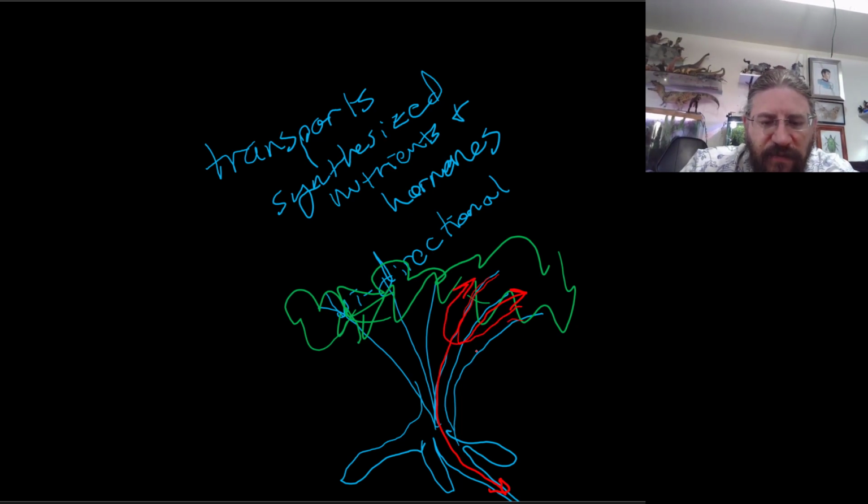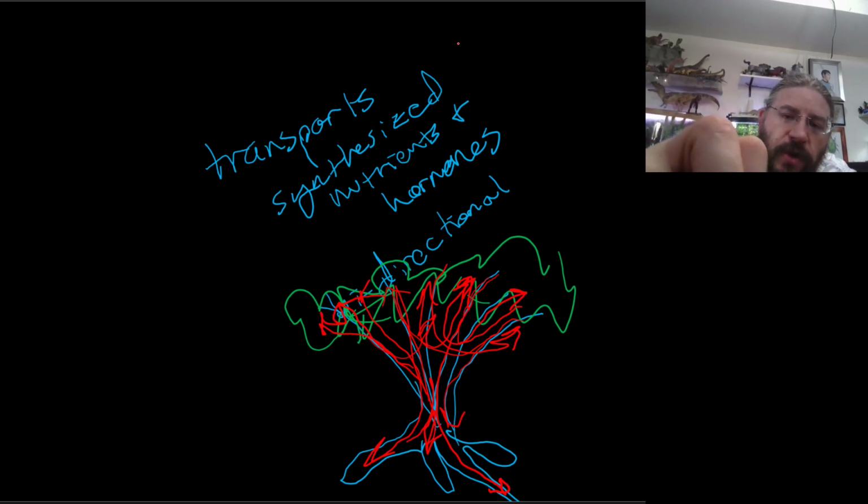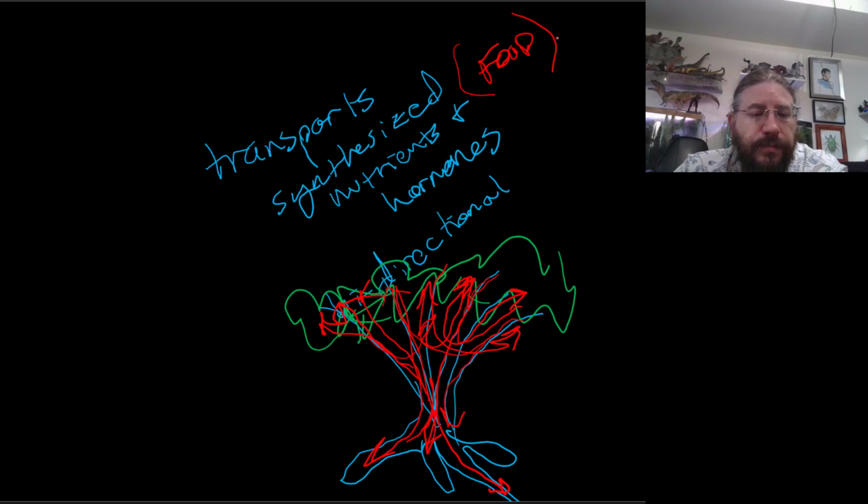And rather than having 12 million one-way vessels, you just have bidirectional phloem vessels to help efficiently circulate nutrients throughout the plant. So whatever branch the leaf is on, we can circulate nutrients any direction we need. So bidirectional to allow efficient circulation of synthesized nutrients, food, and hormones. Not too terrible.